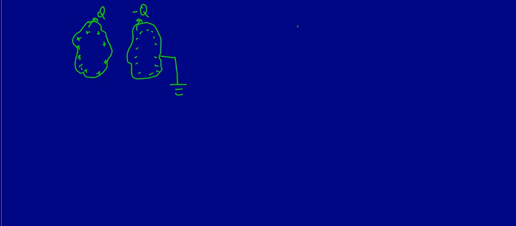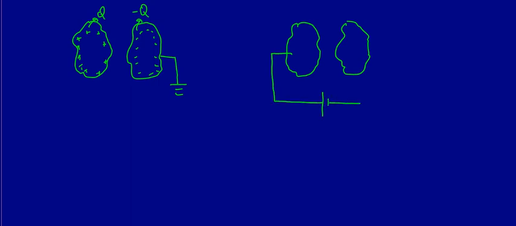Another way is you connect the two uncharged conductors to a battery. One pole of the battery to one conductor and the other pole of the battery to the other conductor.